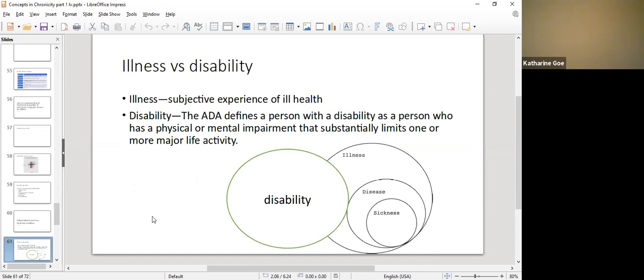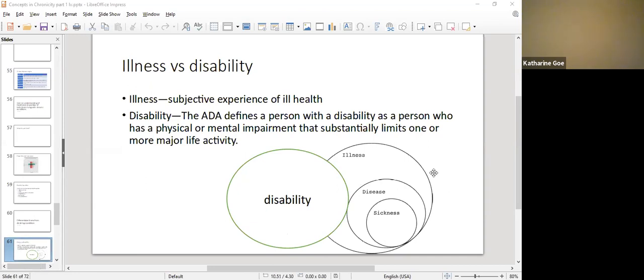An illness is a subjective experience of ill health, whereas a disabled person is a person who has a physical or mental impairment that substantially limits one or more major life activity. There is an overlap here. People can be ill and also be disabled, but people can be disabled without being ill, or they can be ill without being disabled.